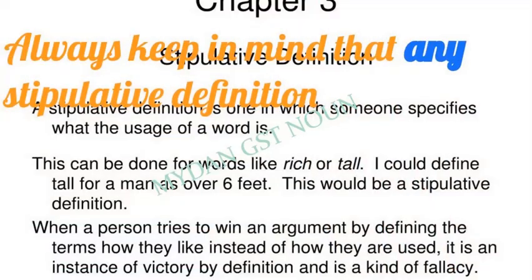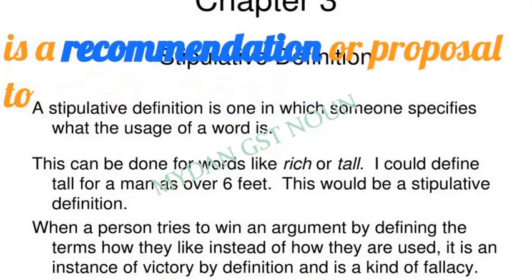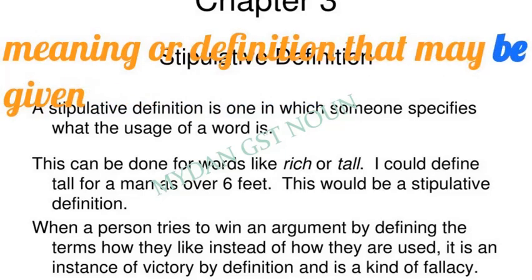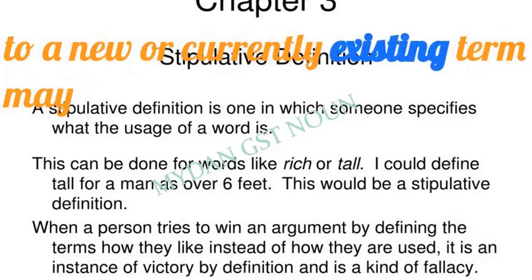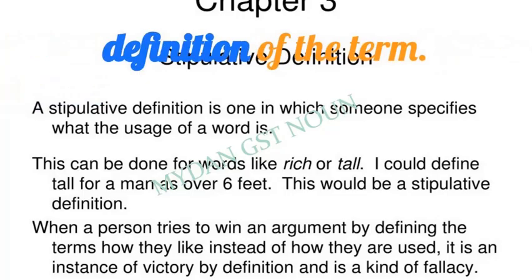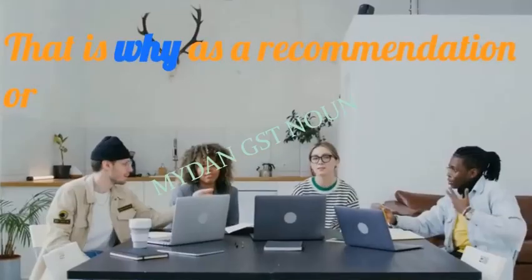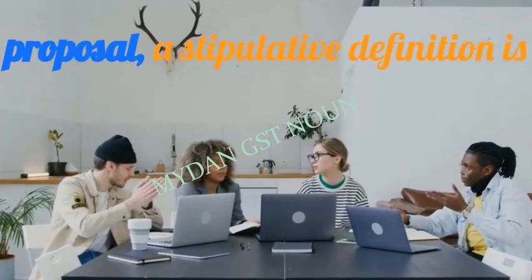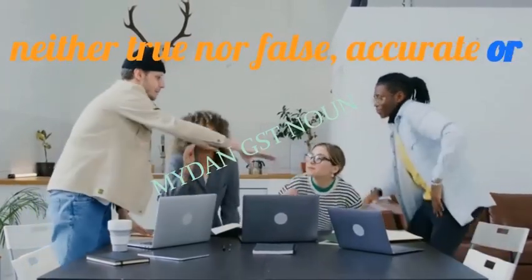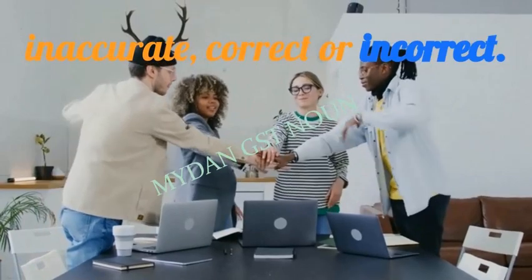Always keep in mind that any stipulative definition is a recommendation or proposal to use a term in a certain manner, and the meaning or definition that may be given to a new or currently existing term may, but not necessarily, contradict the lexical definition of the term. That is why, as a recommendation or proposal, a stipulative definition is neither true nor false, accurate or inaccurate, correct or incorrect.